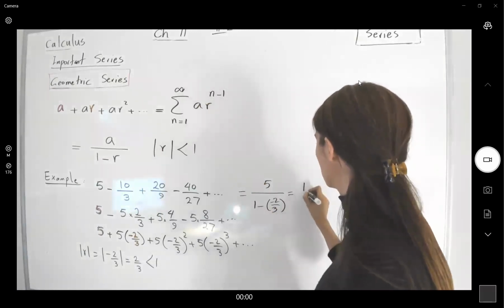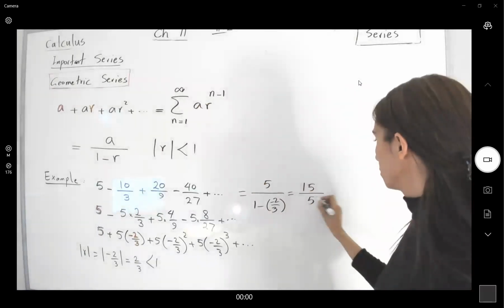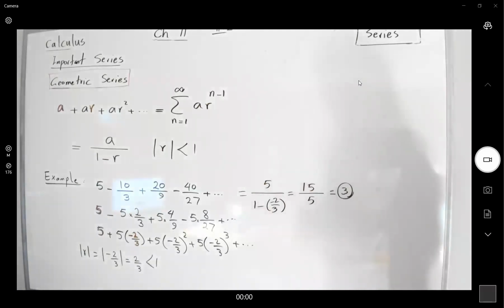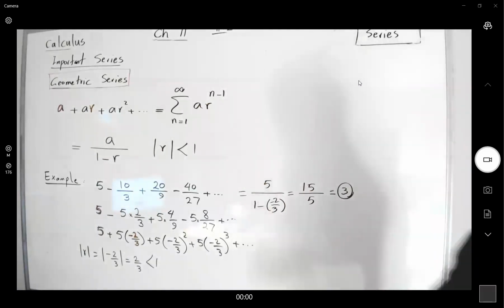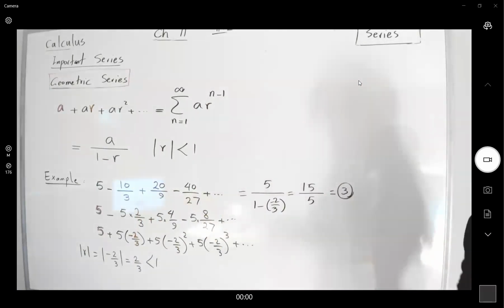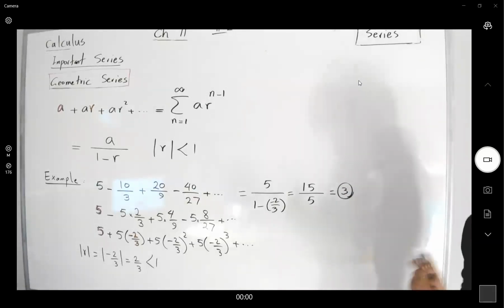So I get 15 divided by 5, or just 3. The sum of this series is equal to 3, because it is nothing but a geometric series.